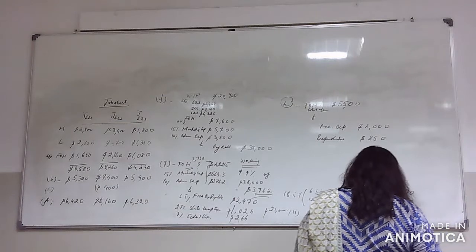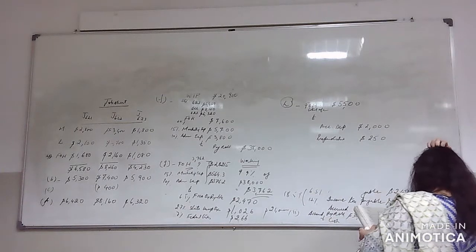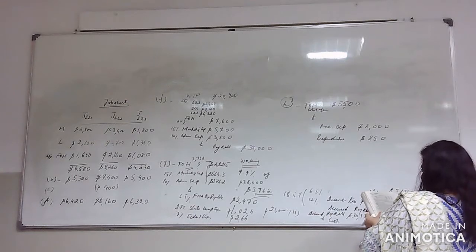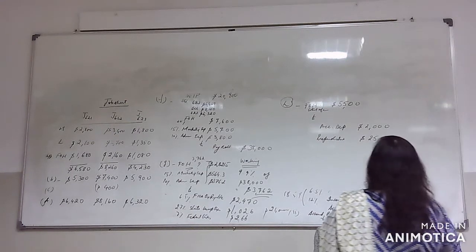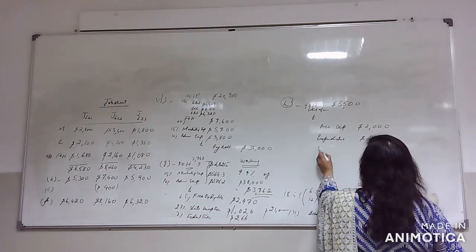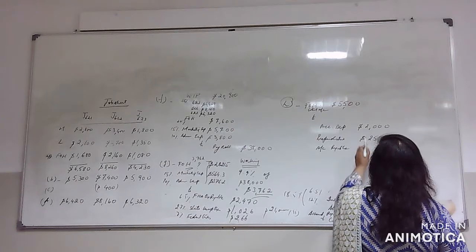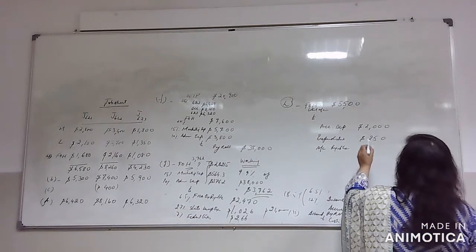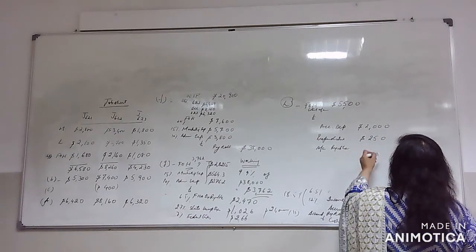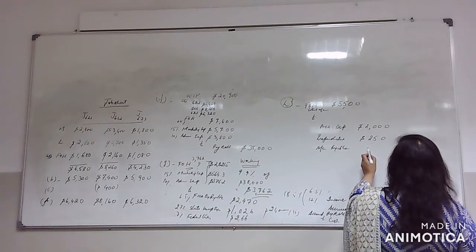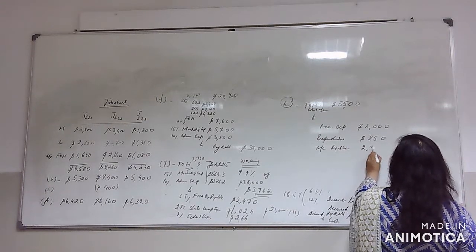Now, the remaining was unpaid at the end of March. So this is something like accounts payable. Since it's unpaid, it would be the remaining amount, so I think it's 2750.